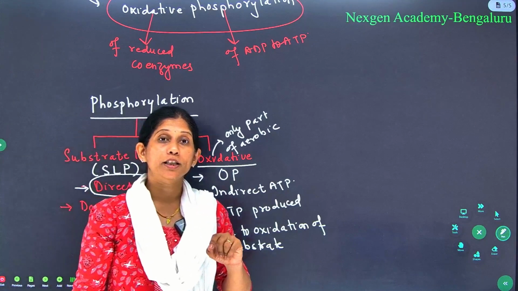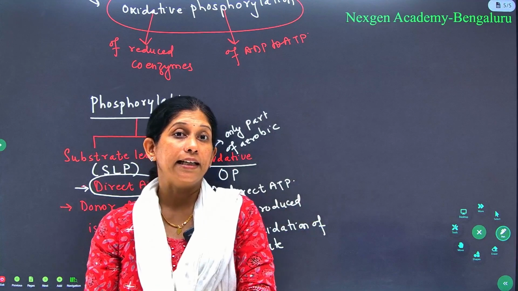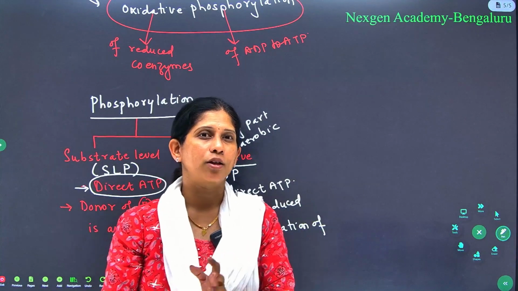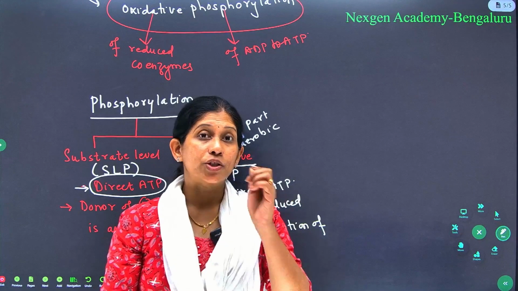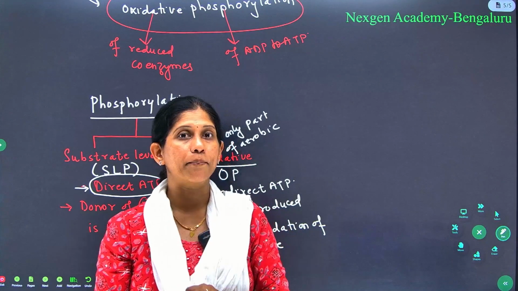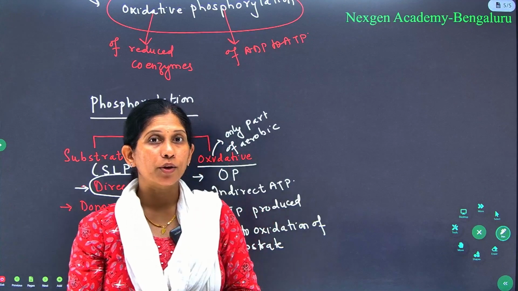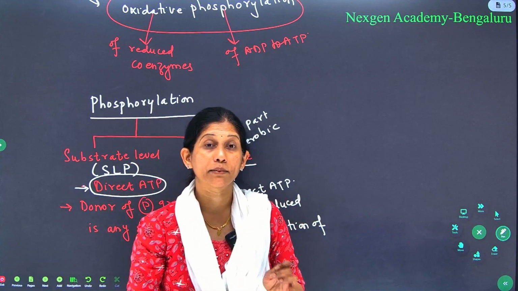Now, aerobic respiration in all organisms: it is not that ETC can only happen in plants or animals because they have mitochondria, right? The organisms which don't have mitochondria and are aerobic, for example bacteria. Bacteria are prokaryotes, that means they don't have any membrane-bound cell organelle like mitochondria.